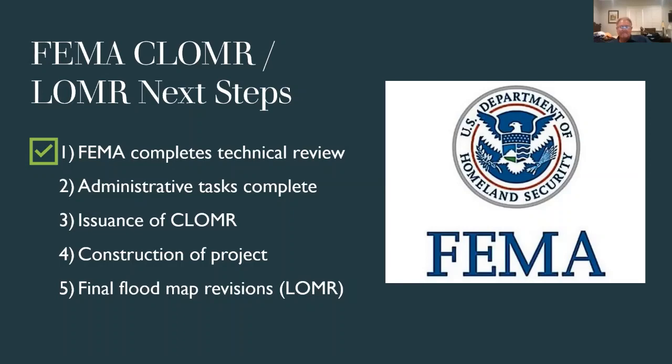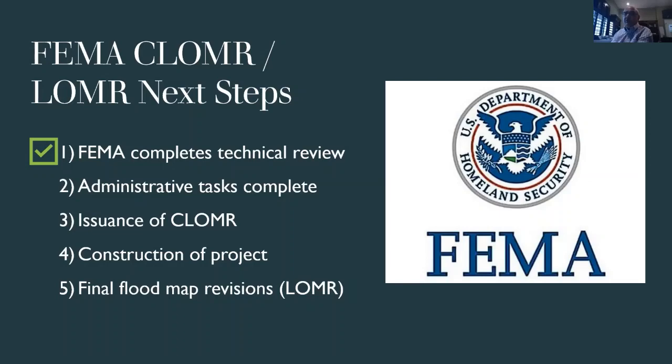Go ahead. The next run is, so the CLOMAR is done. The project is ready to be constructed after obtaining local permits, and you complete the project. You go back to FEMA and provide Mark's team's work right after the project is completed. They have to do the final survey and as-built plans, and state the project is completed.